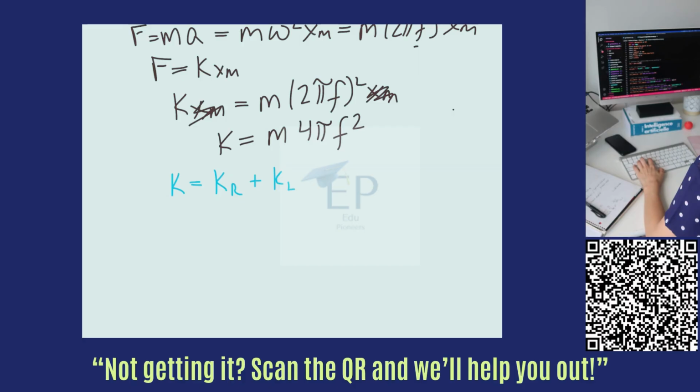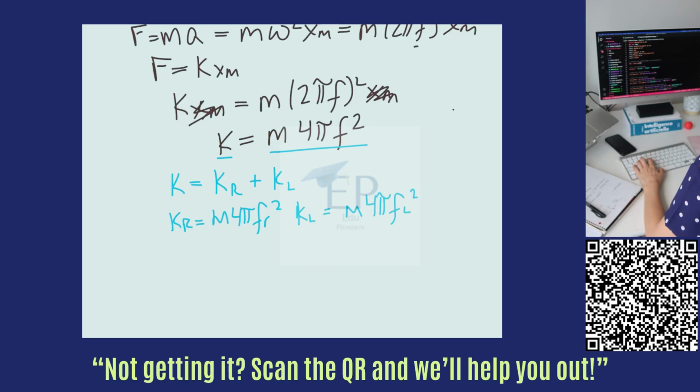And just like k equals m 4 pi f squared, we can do the same thing for the individual side, where kr is going to equal m 4 pi fr squared, and kl is going to equal m 4 pi fl squared.